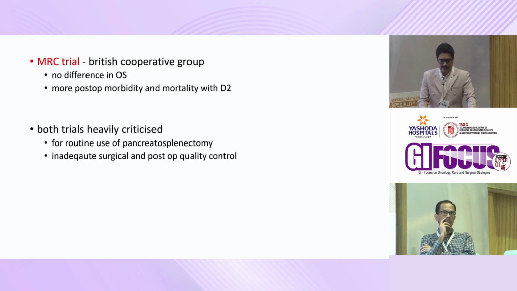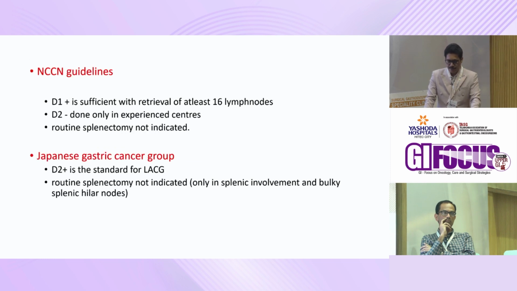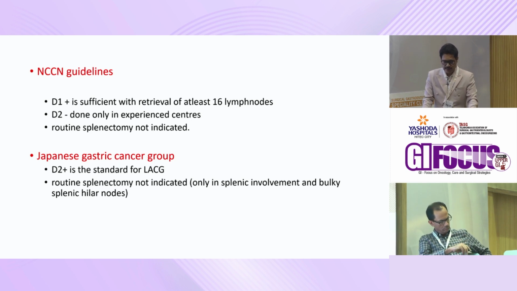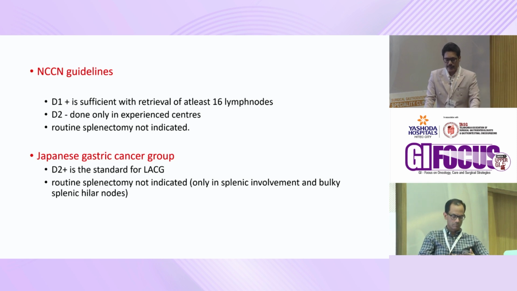But having said that, D2 plus is what they still persist with, and we should always remember that NCCN guidelines tell us that D1 plus is sufficient if we retrieve 16 plus lymph nodes, because this is more West-oriented guidelines. D2 should be done only in experienced centers, and routine splenectomy is not indicated. These are the NCCN for locally advanced gastric cancer. But the Japanese have a little bit of a different opinion.